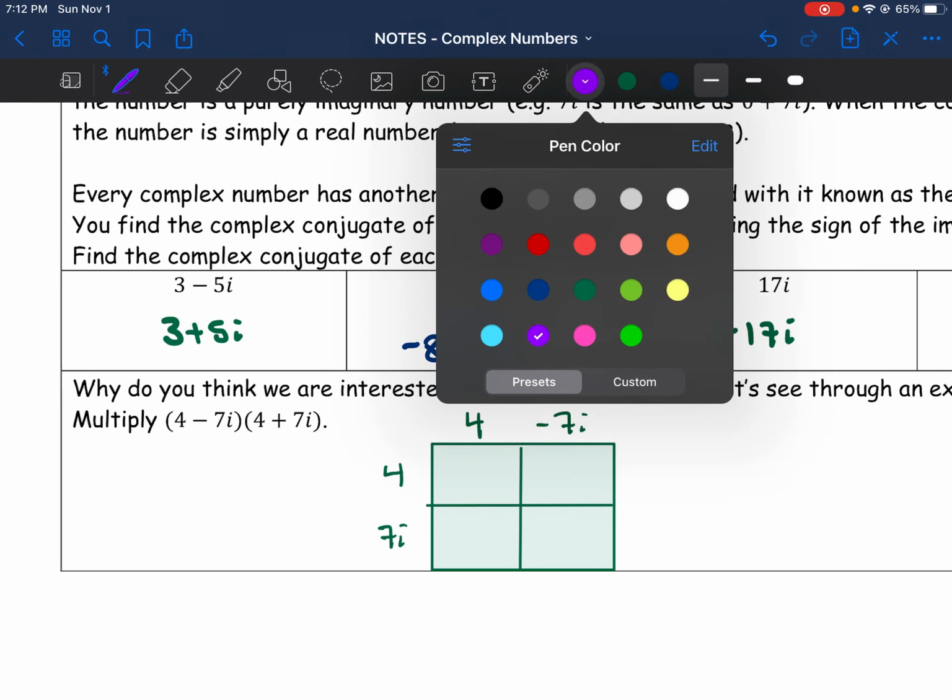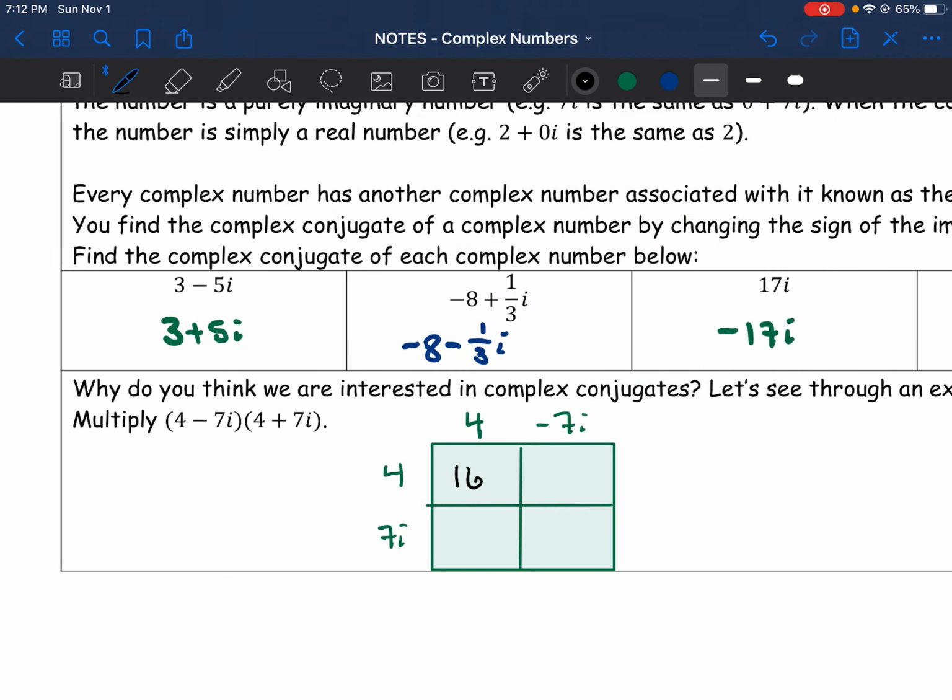Going through and doing our multiplication, 4 times 4 is 16. 4 times -7i is -28i. 4 times 7i is 28i. And 7i times -7i is -49i to the second power, or i squared. So going through here, let's do some calculation. We can see that the -28i and the +28i will cancel each other out.